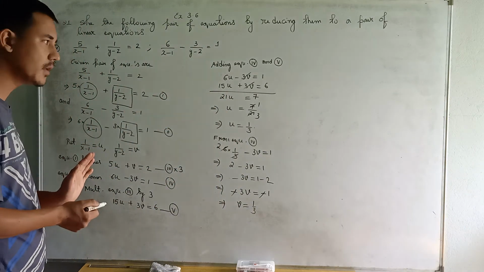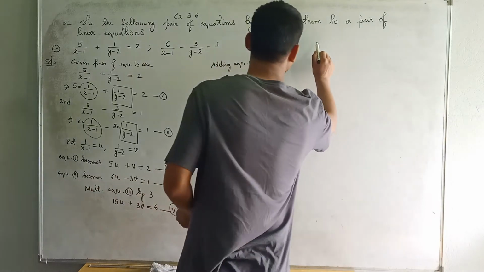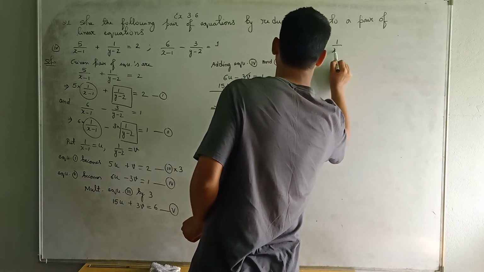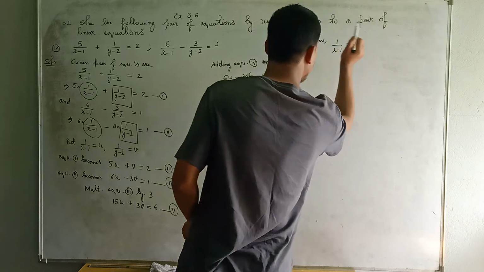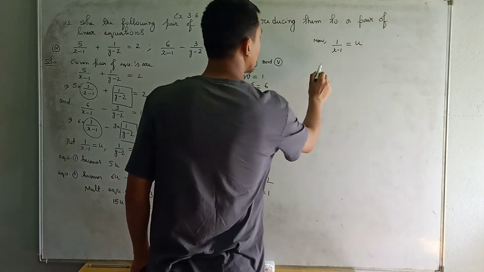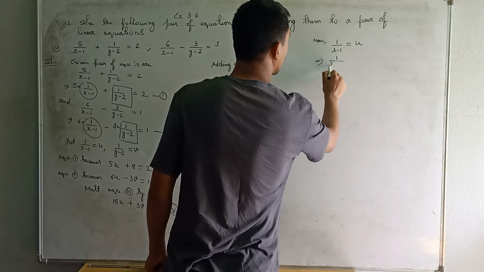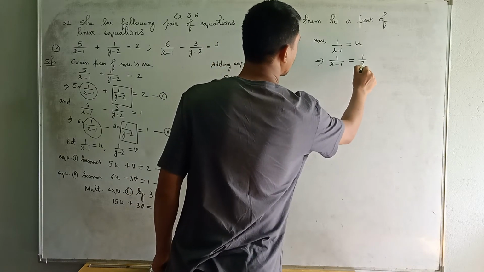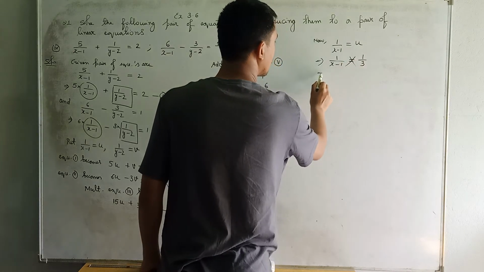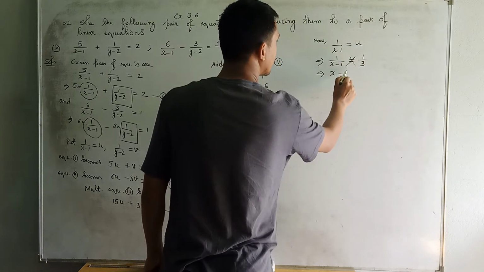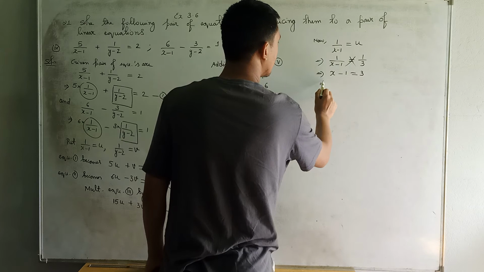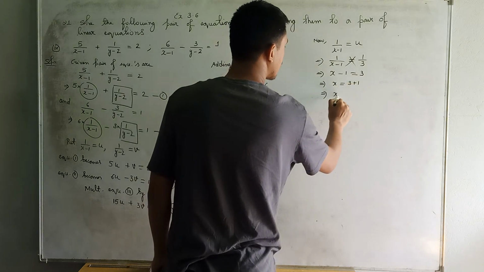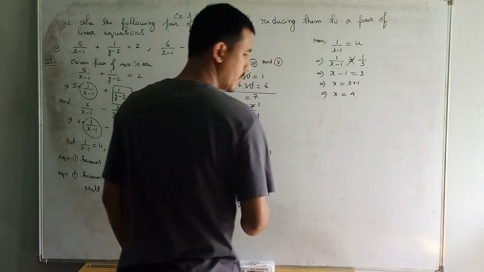I want x and y. Now you have assumed that 1 by x minus 1 is equal to u. You have obtained u as 1 by 3. So we can cross multiply. x minus 1 will be equal to 3. So x will be equal to 3 plus 1, so x will be equal to 4.